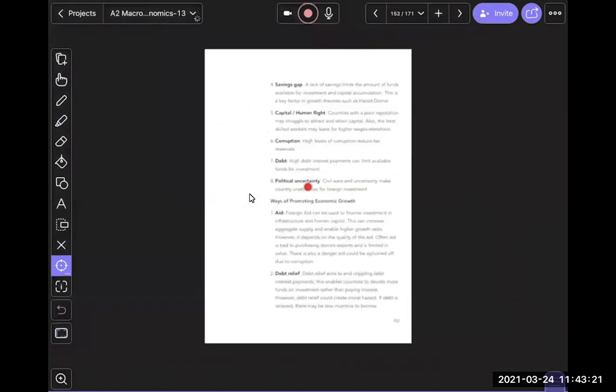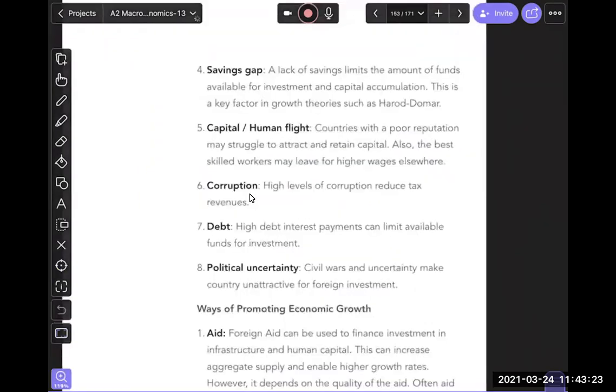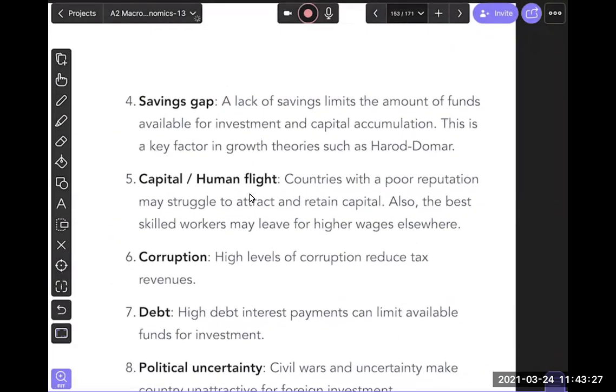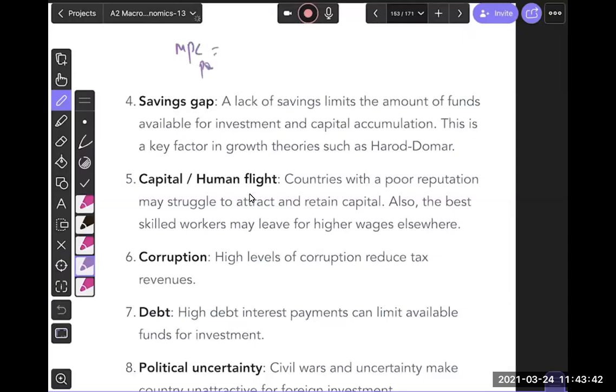Another problem that happens in poor countries, which limits our economic growth and development, is saving gaps. The problem is this: when your country has a lot of poor people, your MPC for the poor people is high. Isn't that true? And your MPS is low, right?